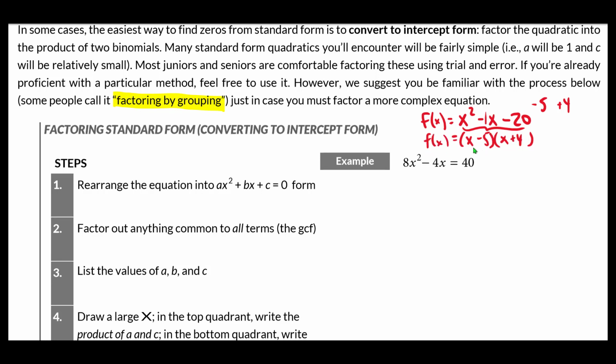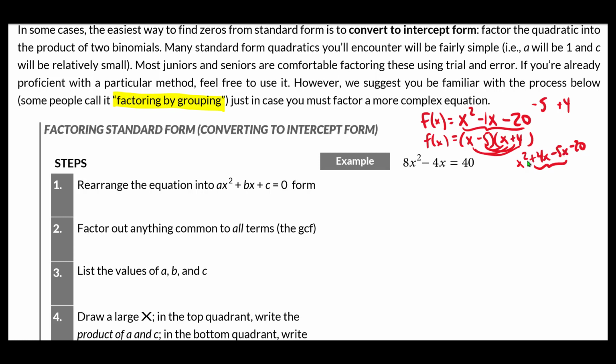And if I FOIL this back through, I get x² plus 4x, minus 5x, minus 20, and of course, plus 4x minus 5x is negative 1x. That's 4 minus 5 is negative 1. This is just the standard trial and error, or guess and check, or visual examination method.